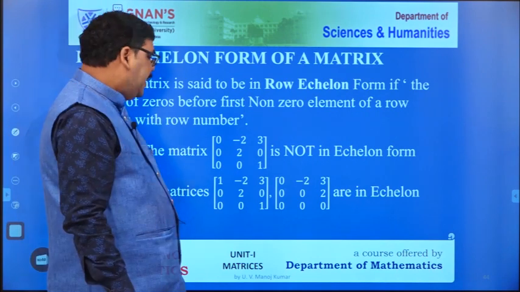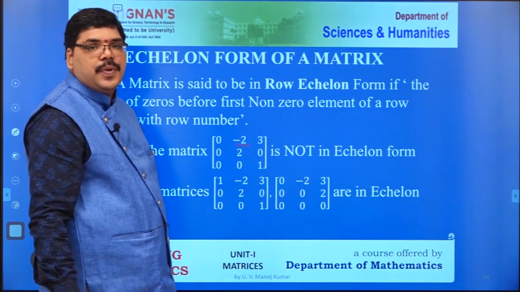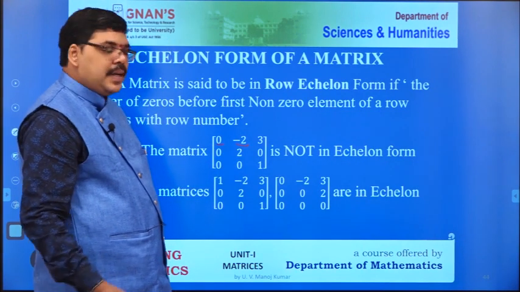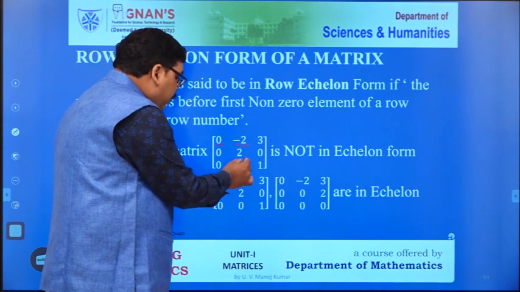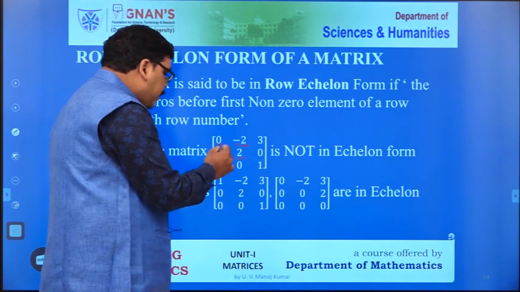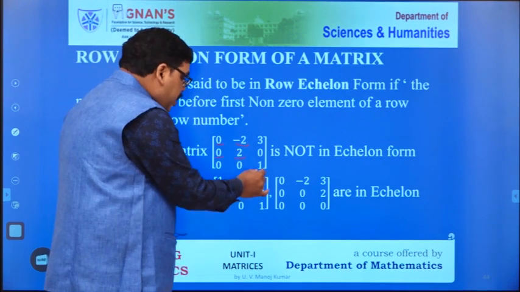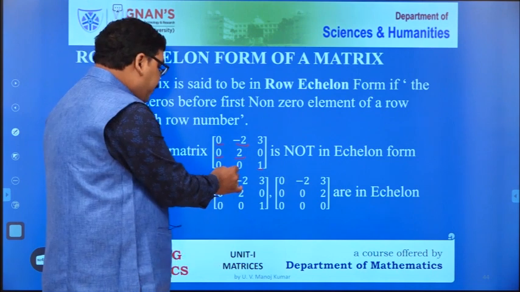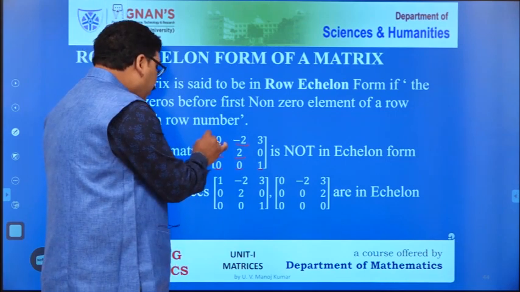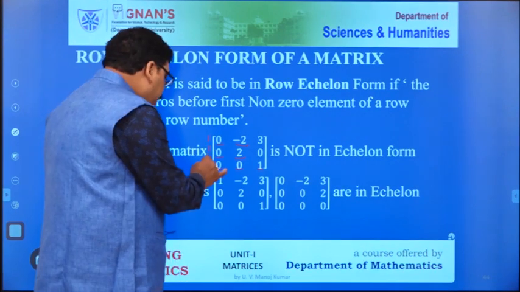See here, in this matrix, in the first row, the first non-zero number is 2, minus 2, and before that 1 zero is there. In the second row, the first non-zero number is 2 and before that 1 zero is there. And in the third row, the first non-zero number is 1, before that 2 zeros are there. So, we have to count 1 zero here, 1 zero here and 2 zeros here.